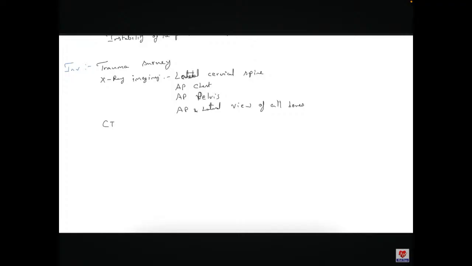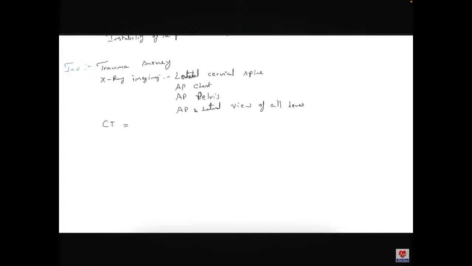In X-ray imaging we can see lateral cervical spine, anterior posterior chest, AP pelvis, and AP and lateral views of all injured bones. And sometimes if we have a doubt, because of maybe internal musculoskeletal injuries, or pelvis or some smooth muscle type injuries, then we have to do CT.